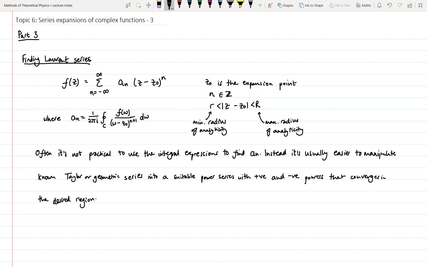Okay, so it's usually easier to manipulate known Taylor or geometric series into a suitable power series with positive and negative powers of n that converges in the desired region.